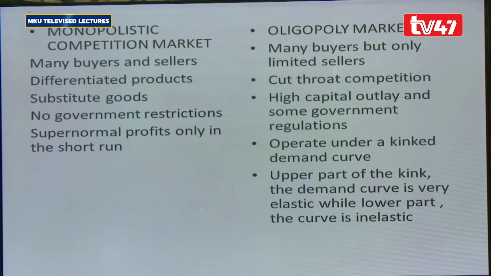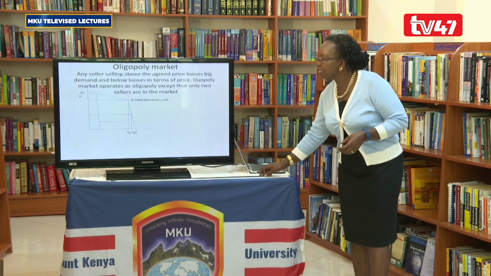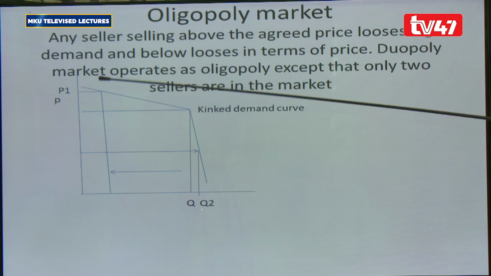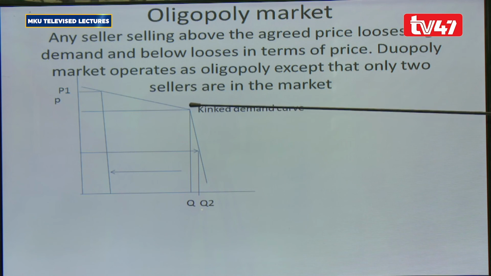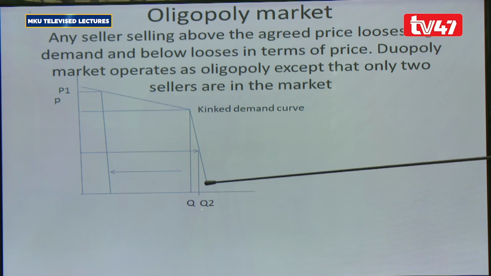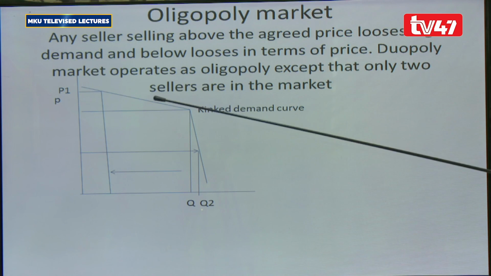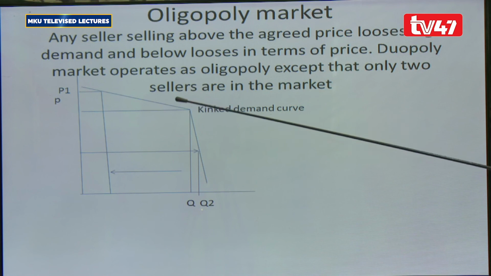The tacit collusions allow them to operate under what we call a kinked demand curve, like I'm demonstrating here. In this kinked demand curve, the upper part of the demand curve is very elastic. The lower part is inelastic. It makes every player in this market comply with the price they have all agreed to charge.